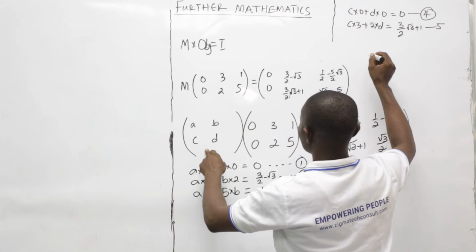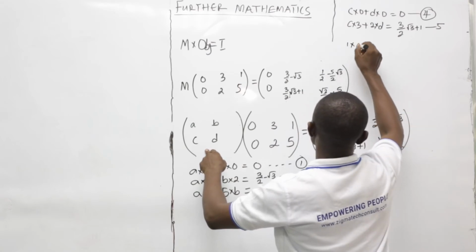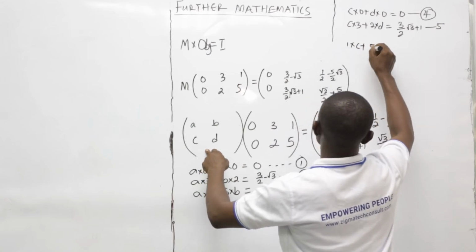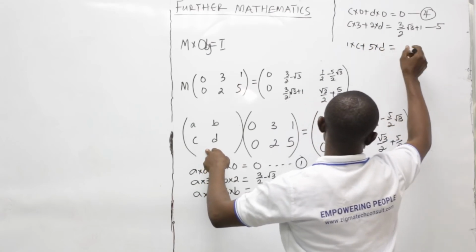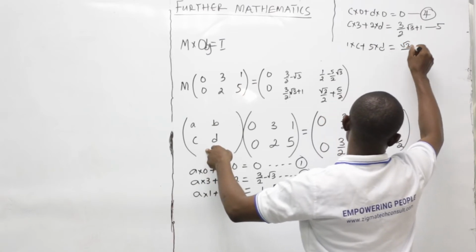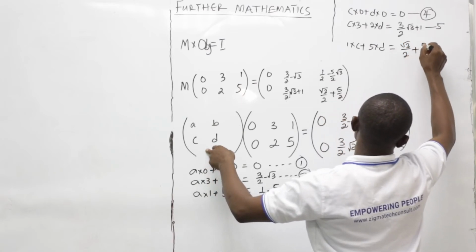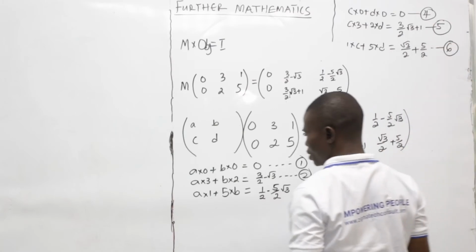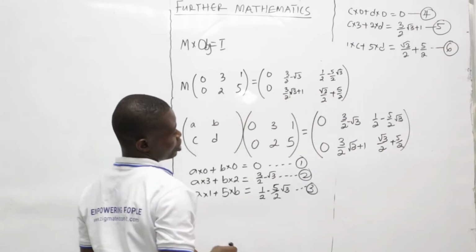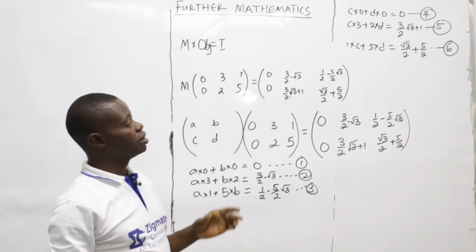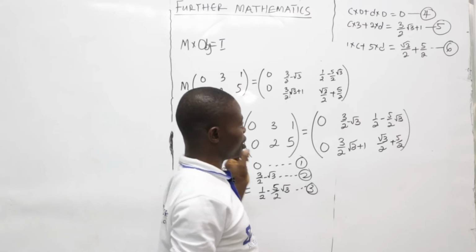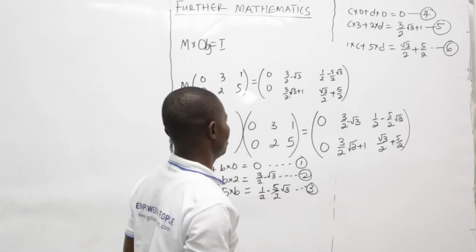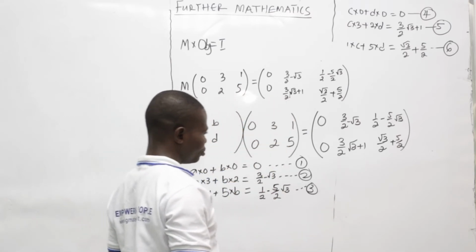Then 1 times C plus 5 times D equals root 3 over 2 plus 5 over 2, equation 6. Now let us begin to resolve the equations one after the other so that we can get the values of A, B, C, D.